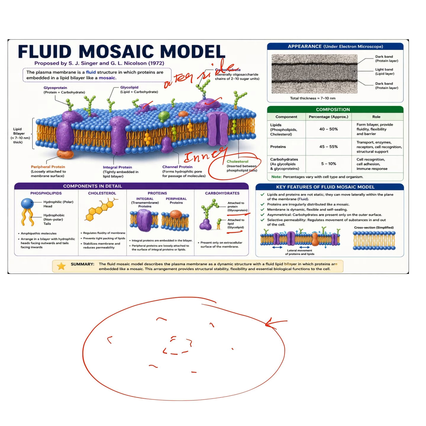It helps not only as a boundary but with transport and communication. It also maintains the internal environment. So we can say the membrane is not just a boundary, it's an intelligent dynamic control center. This is very important.